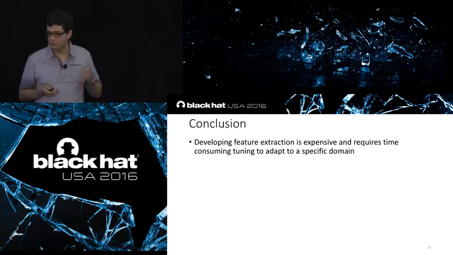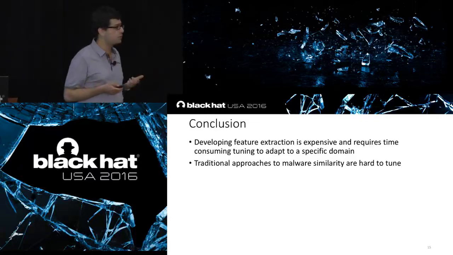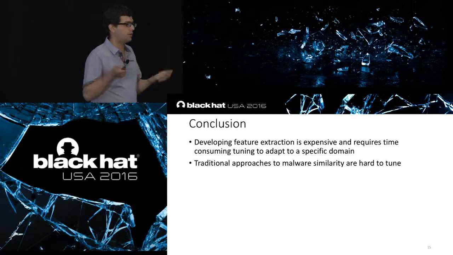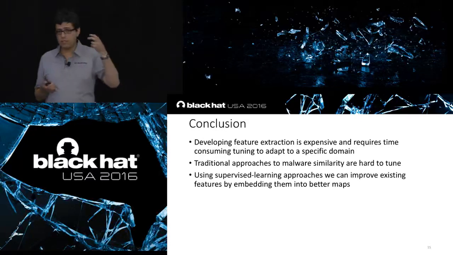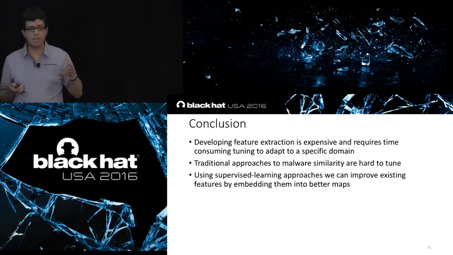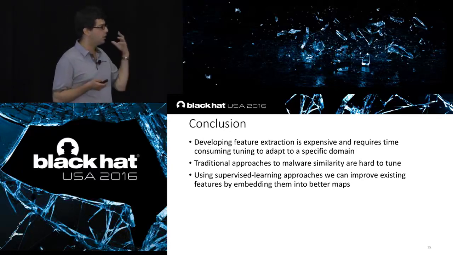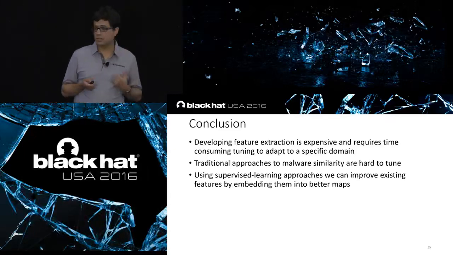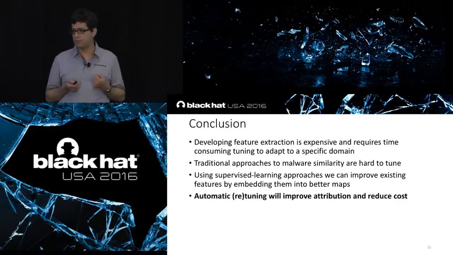The traditional systems are hard to tune, as I explained, because you're manually trying to figure out how to combine these features together. But by leveraging labels that approximate the semantic task, the general idea of what you want to accomplish, you can get a significantly better similarity search system.